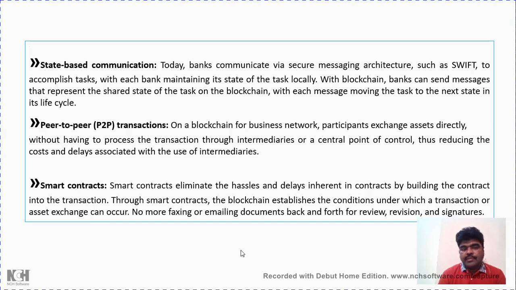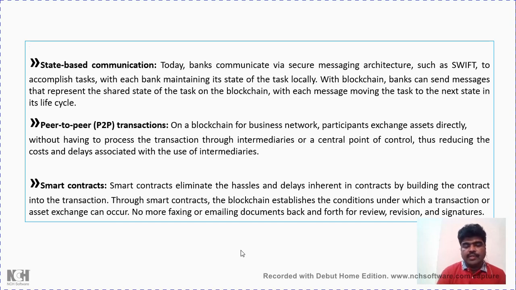That is state-based communication. Blockchain is especially helpful for financial transactions. Many banks are now moving towards blockchain implementation for safe and secure transactions.